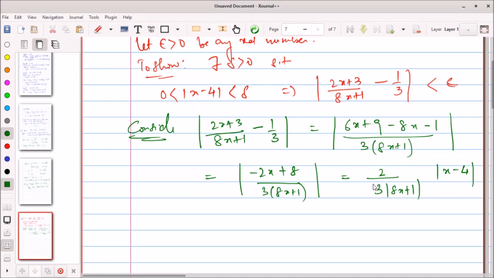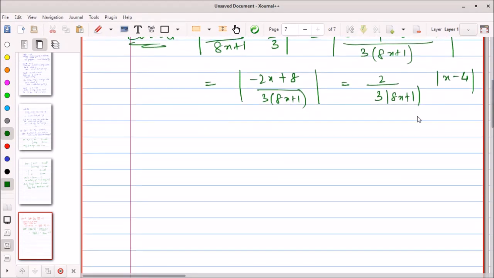So for this I will have to take some bound on |x - 4|, but because this x is in the denominator, I have to first equate this to 0. This is rough, so you don't need to write. 8x + 1 = 0 implies x = -1/8.